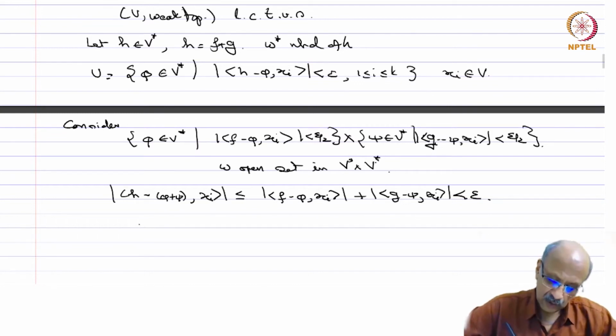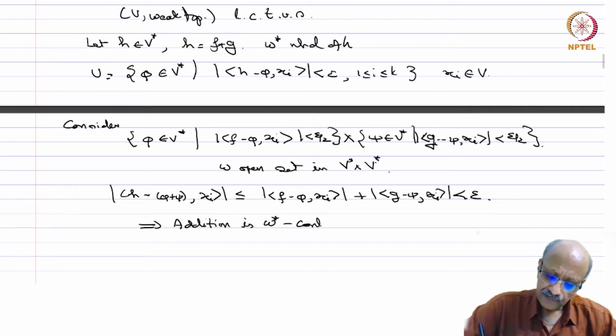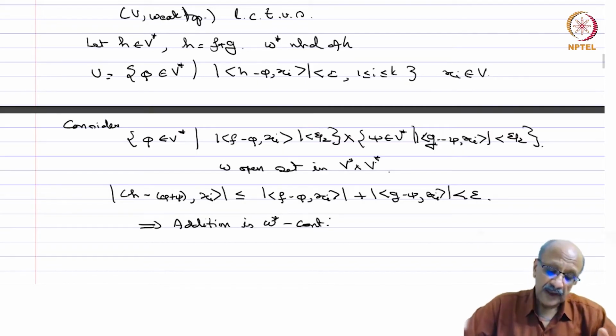Therefore this shows that addition is weak star continuous, because if you take any neighborhood, you can find a neighborhood of f and g such that this is true. Therefore f plus g, (f, g) going to f plus g, this is the neighborhood of f, this is the neighborhood of g, and that product is contained in the neighborhood of h, and therefore addition is continuous.